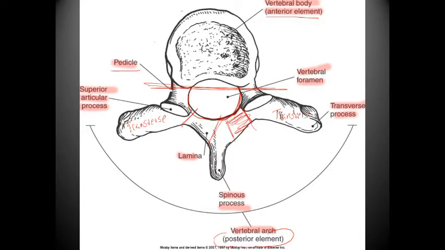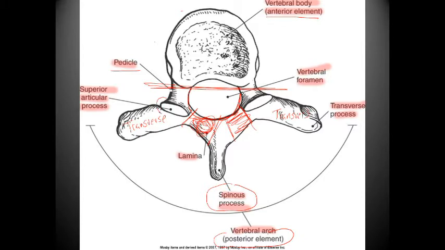So this area and this area are the lamina, and they merge together to form the spinous process, which is the most posterior portion of the vertebral or of the vertebrae in general.